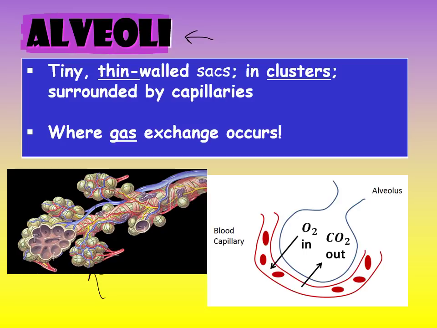So the purpose here is that you are increasing surface area so that there's lots of space to absorb oxygen. Because as those capillaries surround the alveoli, gas exchange is happening. They are super thin-walled sacs, so oxygen is going into the bloodstream, carbon dioxide gas is going out of the bloodstream, and that's what we would call gas exchange.